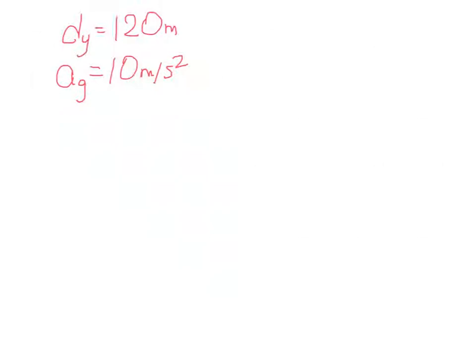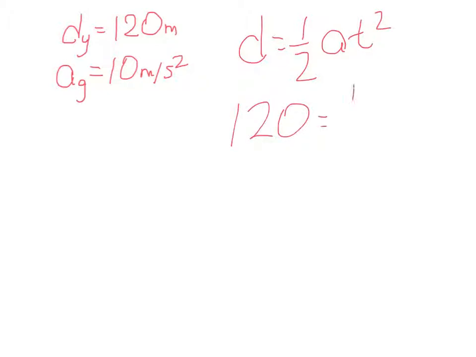If we just let go and let it fall, the time it takes to fall is going to be the same as the time it takes if you kick it off the cliff, because the height of the cliff does not change. So, you know d is 120. You know acceleration due to gravity is 10. You know d is equal to 1/2 a t squared. So that's 120 equals 1/2 of 10 times t squared.